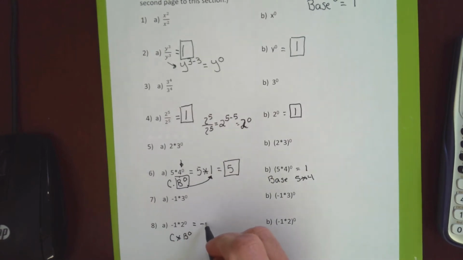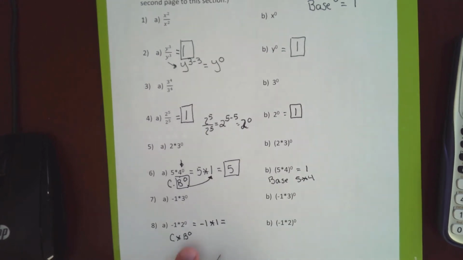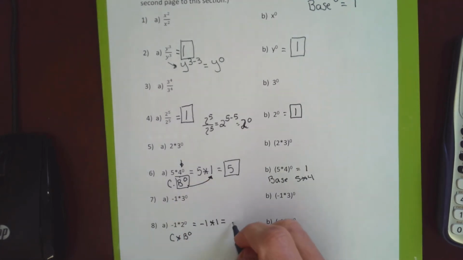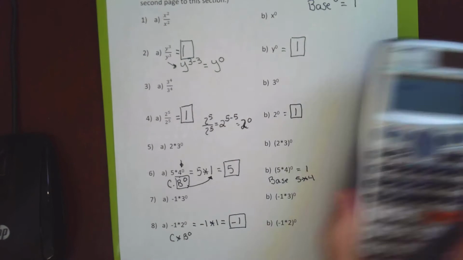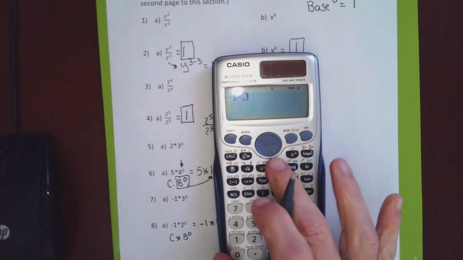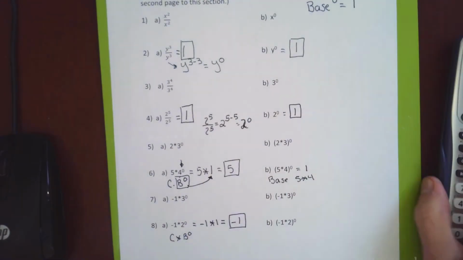So this is going to be -1 times 1, because the base to the 0 power is equal to 1, and a coefficient times the base to the 0 power is really the coefficient times 1. It's just going to be the coefficient. The answer to 8a is going to be -1. I'll do this on my calculator to show you. If I did -1 times 2 exponent 0, I get -1.